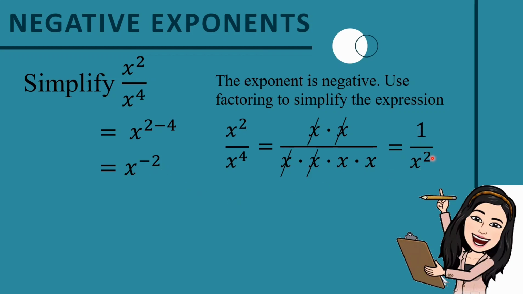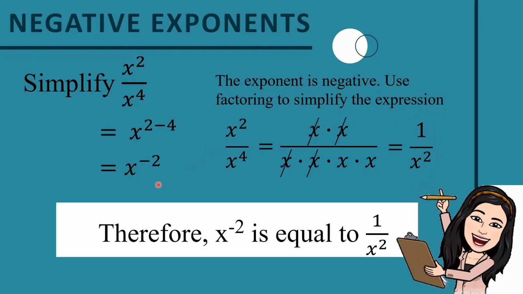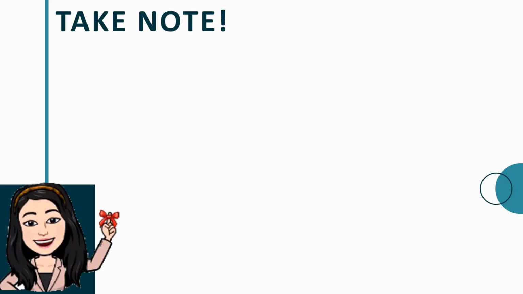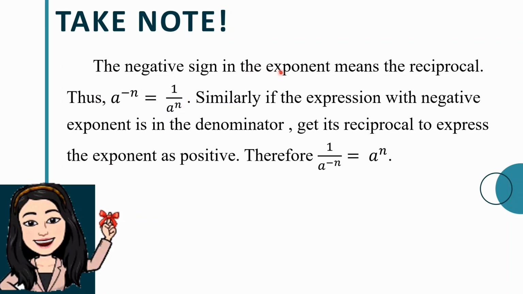So, therefore, x raised to negative 2 is equal to 1 over x squared. Let us take note that the negative sign in the exponent means the reciprocal. Thus, a raised to the negative n is equal to 1 over or divided by a raised to n. Ibig sabihin, ang negative sign pala ng exponent, ibig sabihin reciprocal siya ng number na yon.